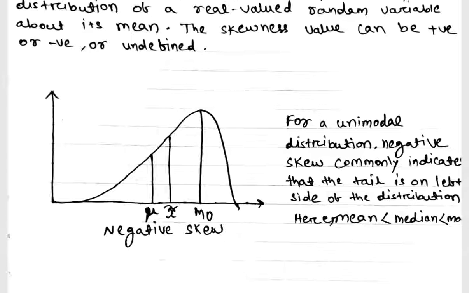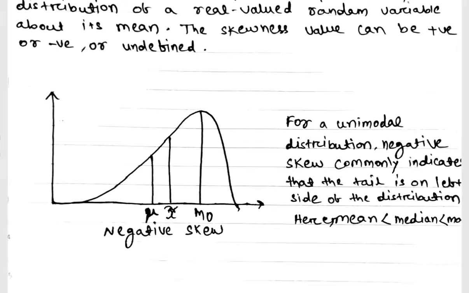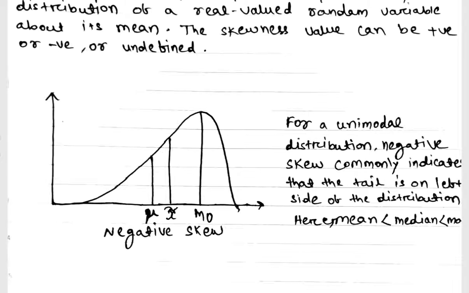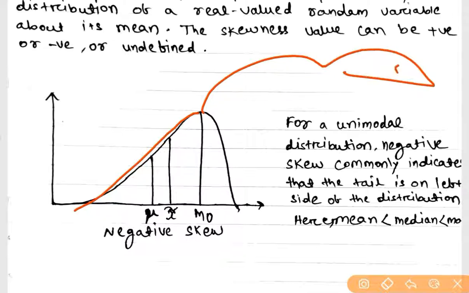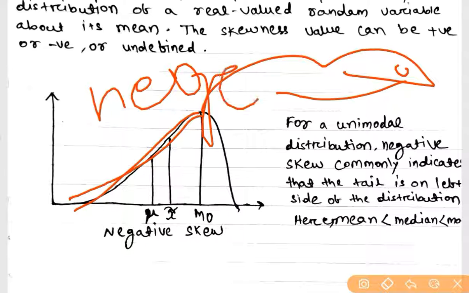For a unimodal distribution, negative skew commonly indicates that the tail is on the left side of the distribution. Suppose this one is the tail, and the peak is present here. The tail is on this side, and that's why it is negatively skewed.